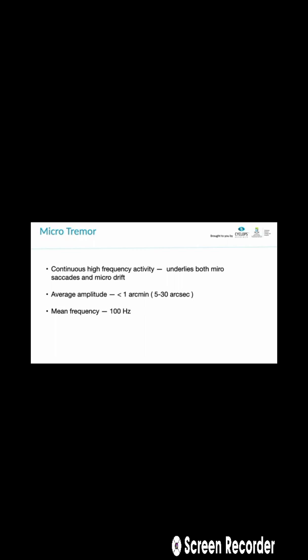And they are much smaller than the amplitude of the microsaccades.